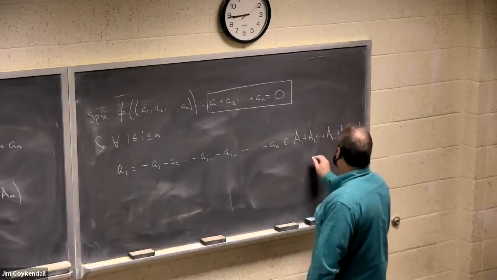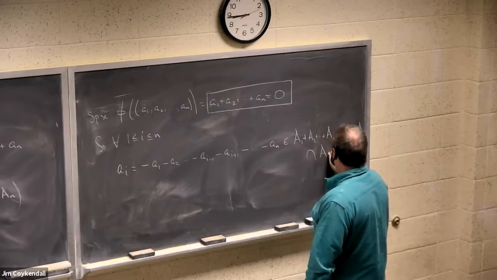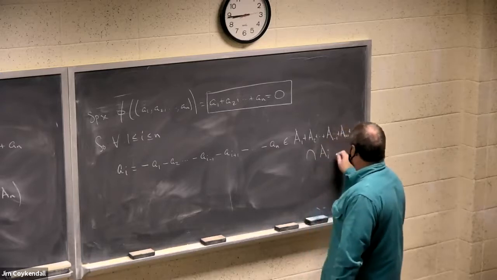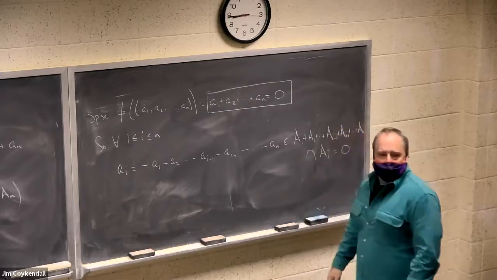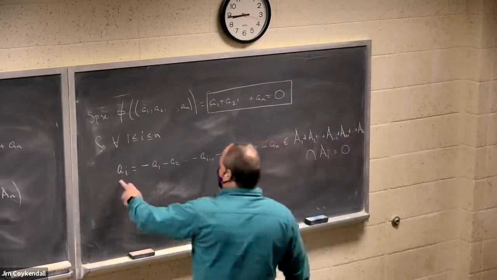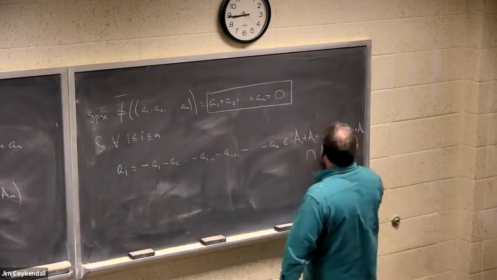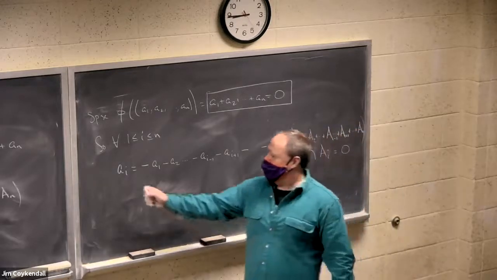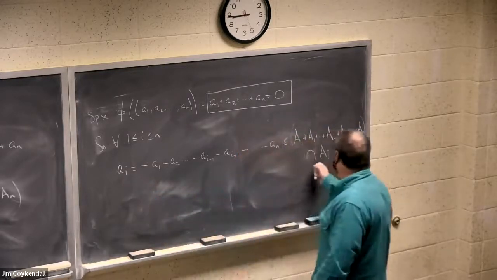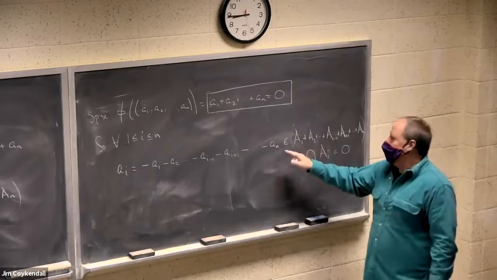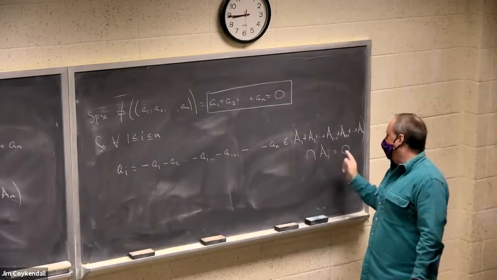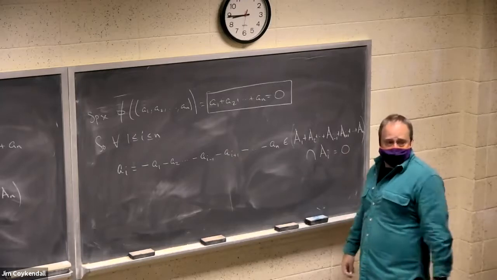Because look at a_i, it can be expressed this way, so it's in this sum. And of course, by definition, it's in A_i. So this thing right here, a_i, is in this sum intersect A_i, which is 0 by assumption.